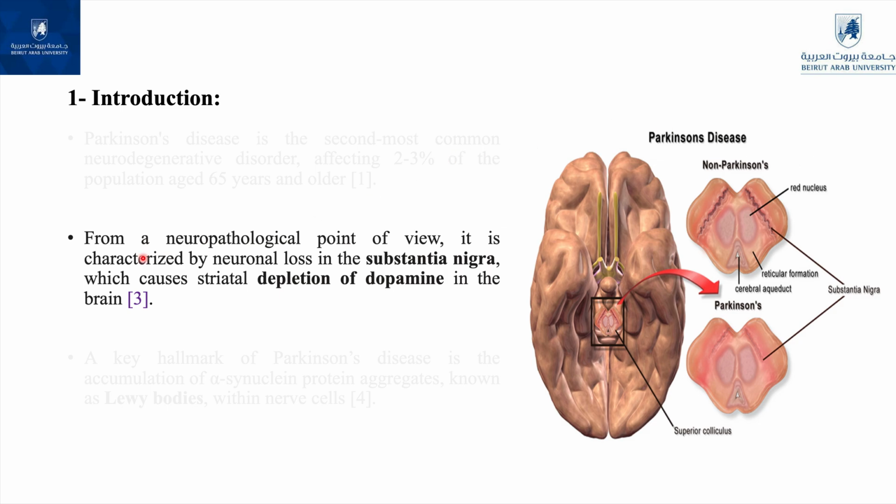From a neuropathological point of view, Parkinson's disease is characterized by the loss of neurons at the level of the substantia nigra, which is present here in the black area where I'm showing you. This loss leads to the depletion of dopamine at the level of the brain.